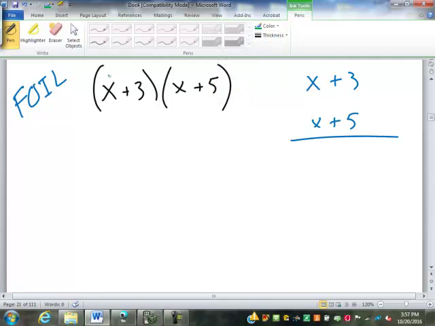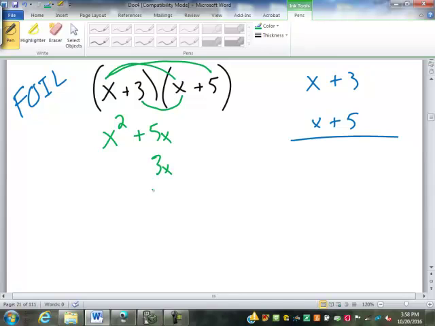So F stood for first. The first 2 digits, x times x, makes x squared. O stands for outside. The outside 2 digits, x times 5, makes positive 5x. I stands for inside. 3 times x makes positive 3x.